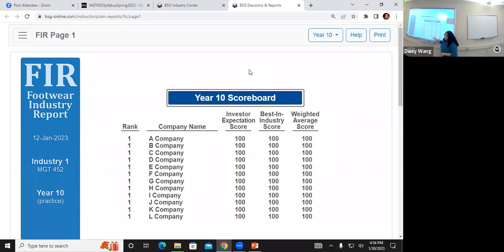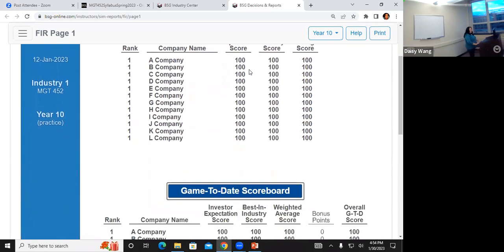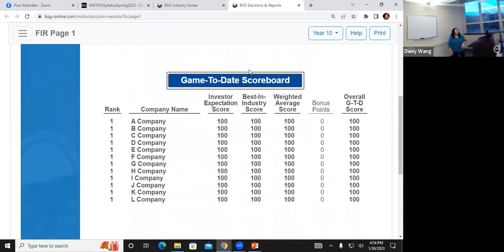And then the industry score is based on the real result. If they really make profit, then this will be good. Okay, and then each is like 50%. So you have the weighted average score here. So that's every year. And then at the bottom, you have the game today score.